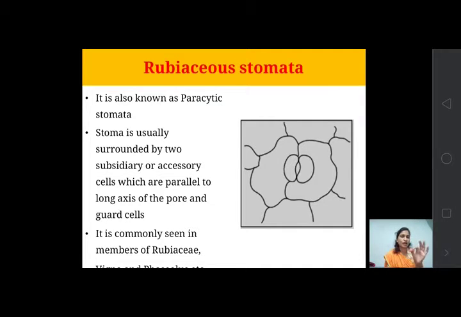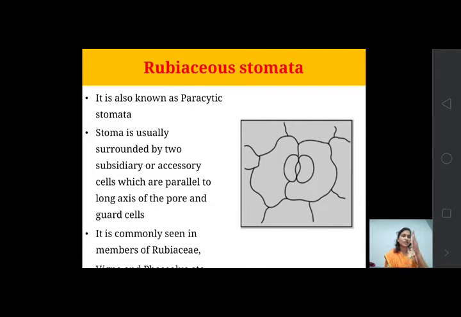That is, the stoma or the pore is usually surrounded by two subsidiary or accessory cells which are parallel to the long axis of the pore and guard cells. You can see in the picture this arrangement is parallel to the long axis of the pore or the guard cells.